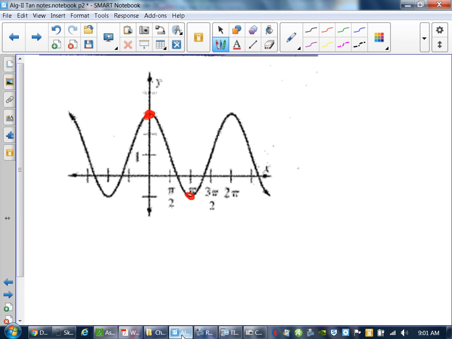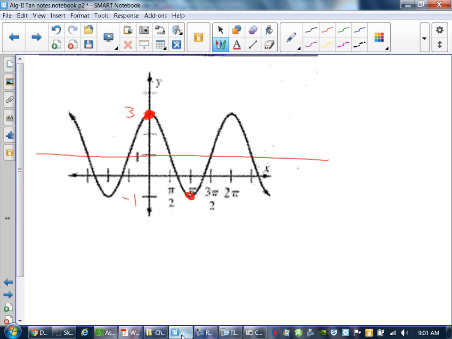The distance between a and opposite a, the halfway point, is your k value. How high up does this go? It goes up to 3, and it goes down to -1, which means what's halfway between 3 and -1? 1.